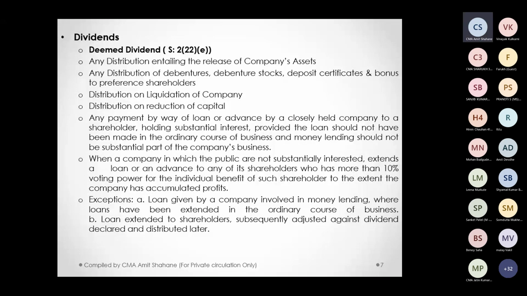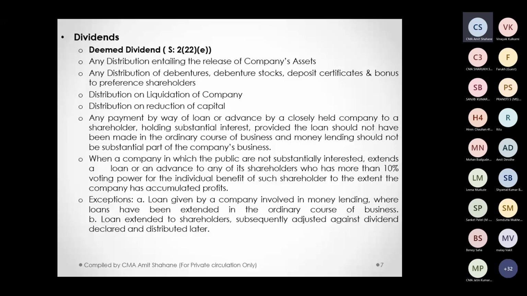So let's say if I want to pay, say, 1 lakh rupees as the dividend, rather than paying 1 lakh rupees as the dividend, I distribute debentures worth 1 lakh rupees to the shareholder. If you really look at it, it is not tagged as dividend, but it will fall under the definition of deemed dividend under section 2(22)(e).